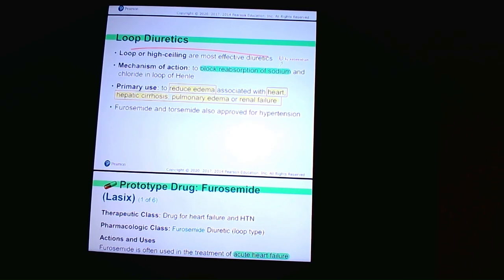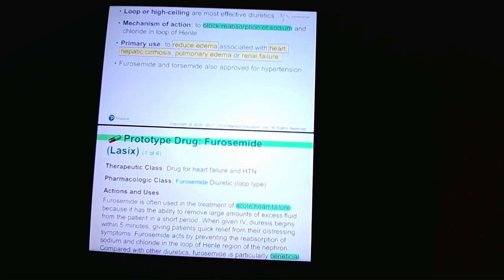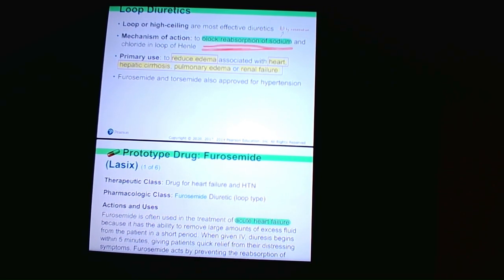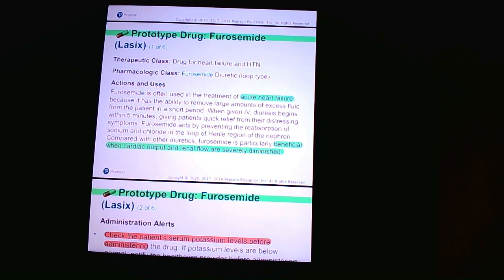Okay, so now we could actually go into this, right? Loop diuretics, they're the most effective diuretic. We already talked about this. They reduce edema related to all the 3 different diseases that we talked about. They block sodium reabsorption in the loop of Henle. We talked about that, right? It's given for acute heart failure. There it is again, right? And it helps improve cardiac output and renal flow.